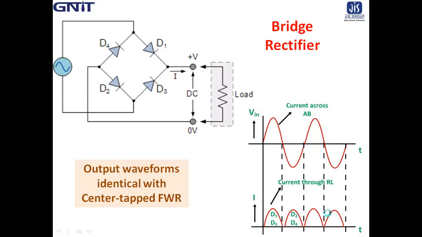So mathematical expression of output current or output voltage should be identical due to the exact waveform of output waveform. So automatically IDC or VDC and IRMS and calculation of VRMS is exactly identical with the center tap full wave rectifier.